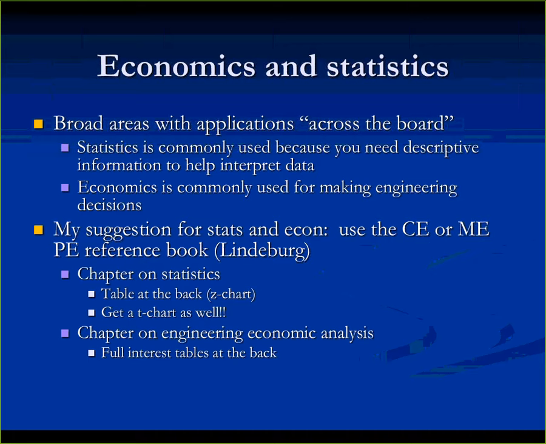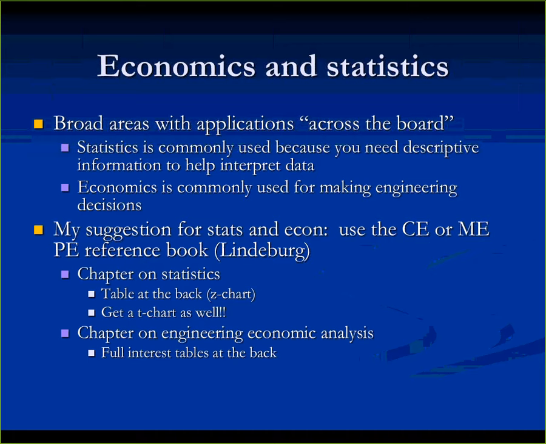My suggestion for what references to take for these couple of subjects would be to use the civil engineering or mechanical engineering PE reference book. There is a chapter on statistics in each one, as well as a chapter on engineering economic analysis.